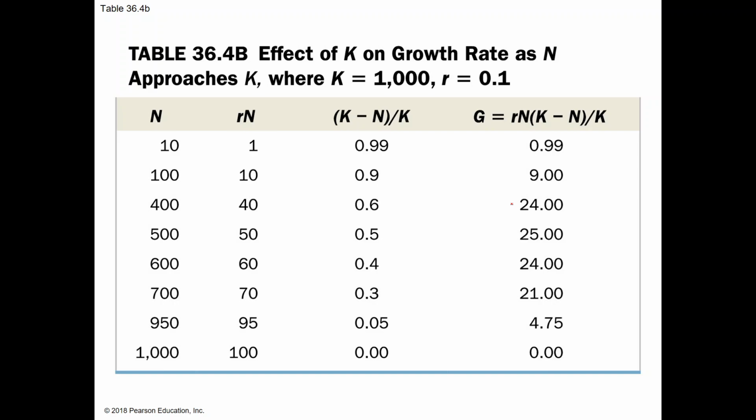Okay, so this is just an example of doing some of those calculations and the effect of carrying capacity on the growth rate. As the population reaches the carrying capacity, growth becomes slower.